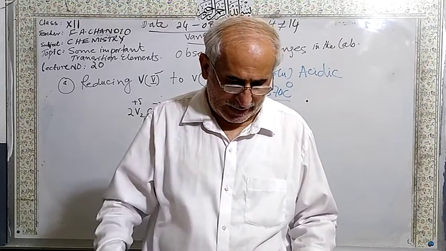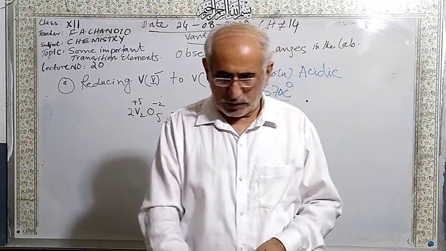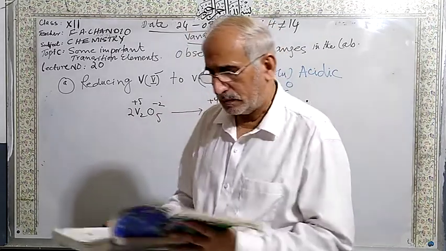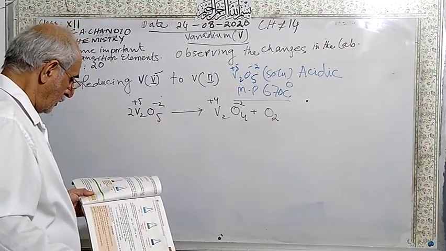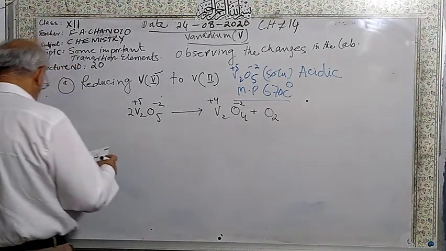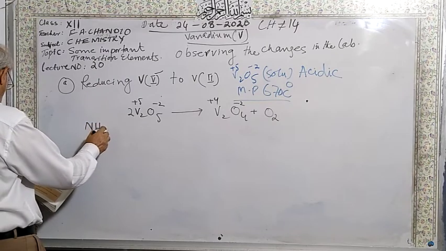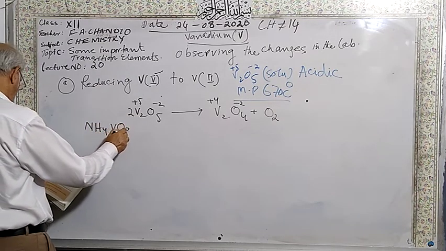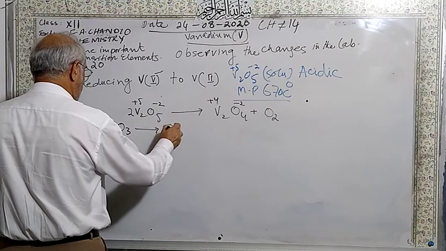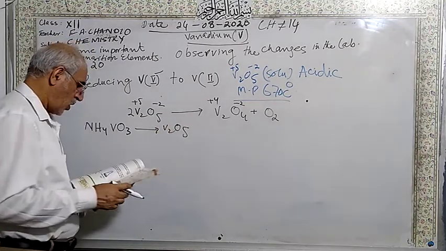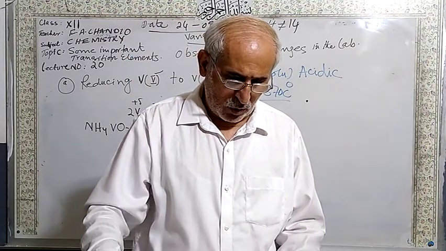Then, if you see the next page, page number 74, conversion of ammonium metavanadate, NH4VO3, to vanadium pentoxide, vanadium 5 oxide.